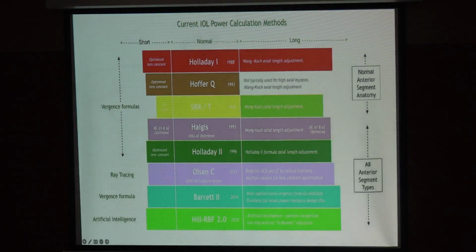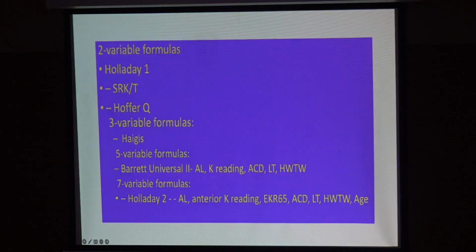So this is just an overview of all these. Next time you see a Vergence formula, remember there are adjustments for normal, short and long eyes, and this really has to be kept in mind, because the moment you move out of the normal, that's where the blunders and errors of biometry happen.